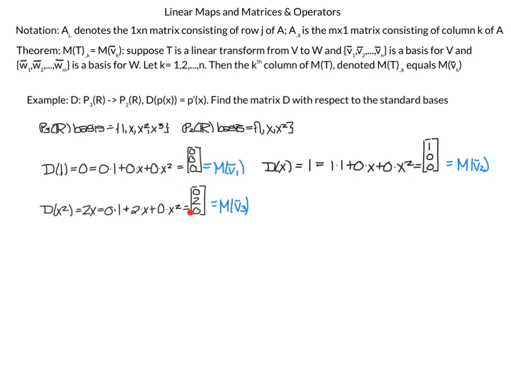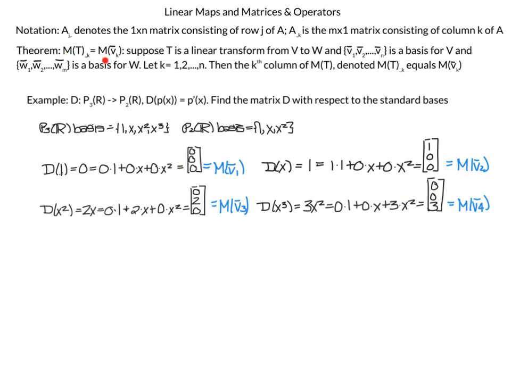This is our coefficient vector, which is M of V3. And then finally, I'm going to take the derivative of our fourth basis vector, x cubed, which is 3x squared. Again, writing it in terms of our P2 basis, that's 0 times 1 plus 0 times x plus 3 times x squared. So our coefficients are 0, 0, 3. Our matrix then for V4 is 0, 0, 3.